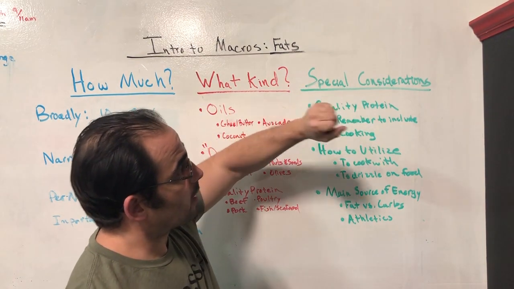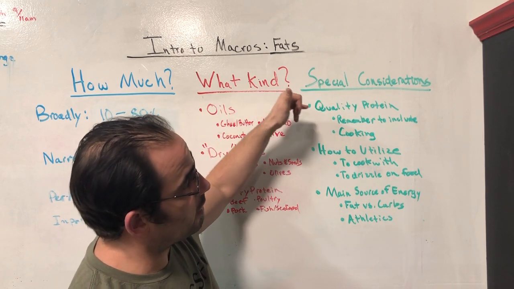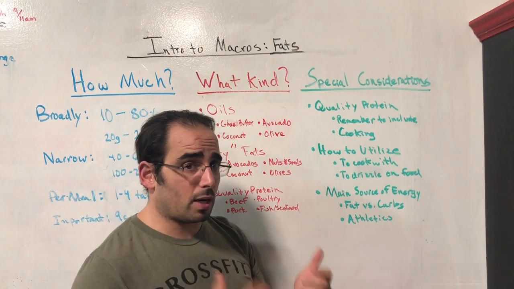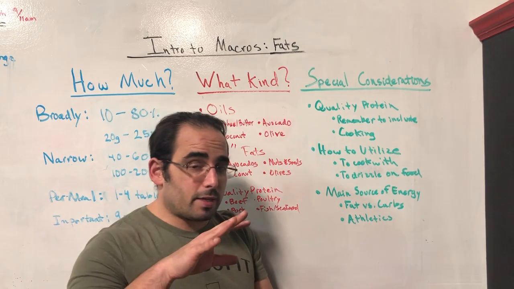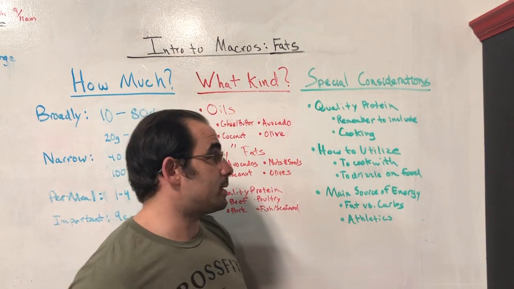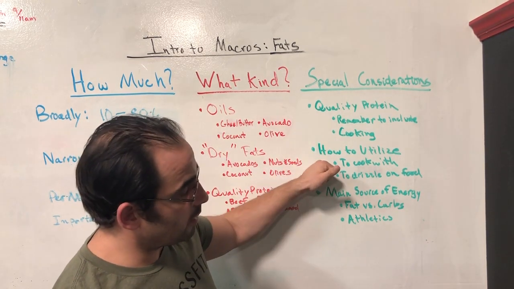So to review, special considerations when it comes to fat. You want to remember to include any fat that's coming from your quality protein. If you enter this into MyFitnessPal, it will automatically calculate it. Remember that when cooking, there's going to be some discrepancy between the actual amount and the real amount, but just do the best you can. How to utilize these fats: you want to cook with them, you want to drizzle on food.